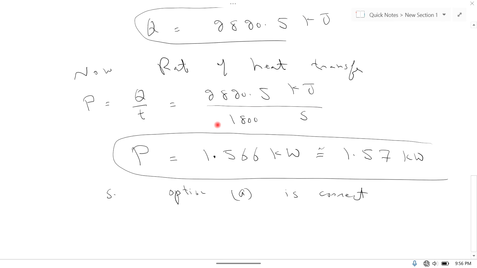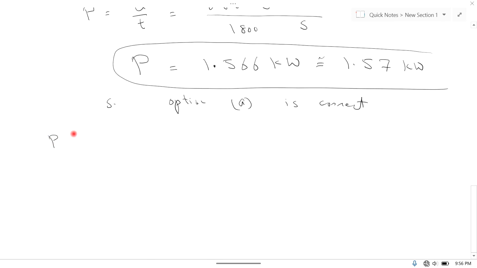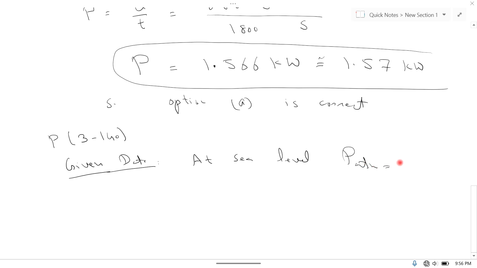So it is clear that at sea level atmospheric pressure is equal to 1 atm, and we know that at 1 atm the boiling point of water is 100 degrees centigrade.